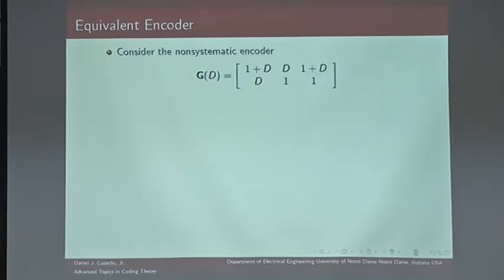So you could convert any non-systematic encoder to a systematic encoder, similar to the way you'd convert a non-systematic generator matrix of a block code to a systematic generator matrix by doing row operations on the generator matrix to produce a matrix which has an identity in k columns.